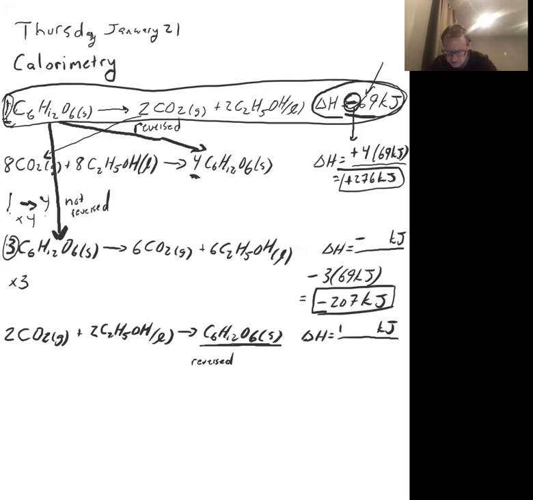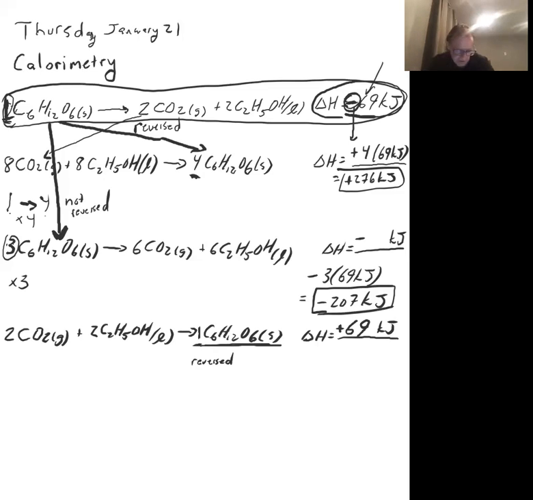Since we reversed it, it's got to be a positive. Okay. And then you look at the numbers. In front of the glucose, originally it was a 1. Here it's still a 1. It hasn't changed at all. So if it hasn't changed, you just multiply by 1, or you don't multiply by anything, really. So that means it's going to be the same number. So 69.